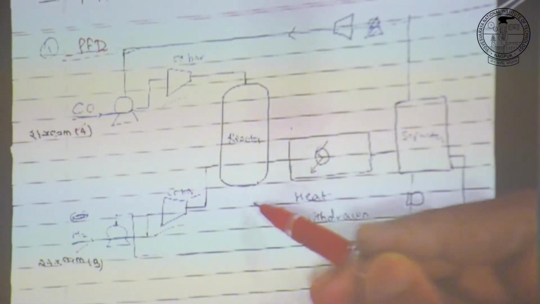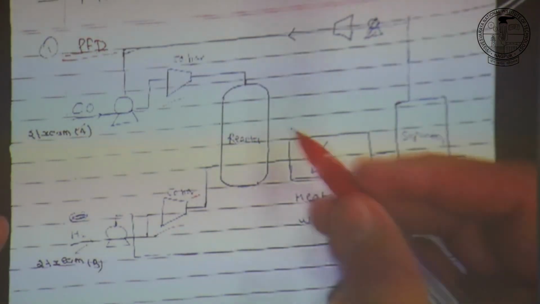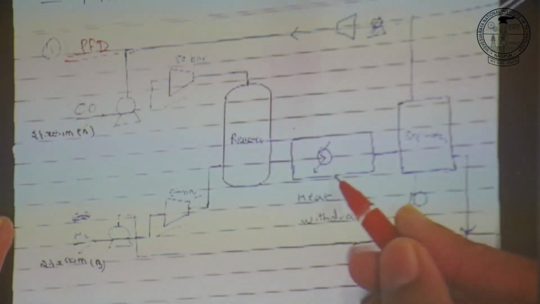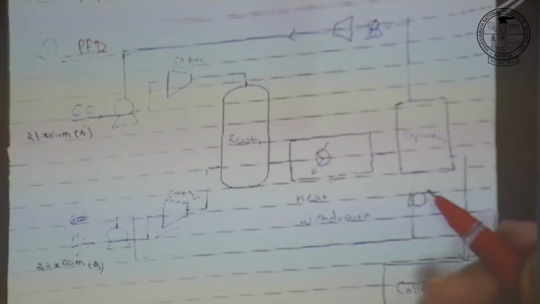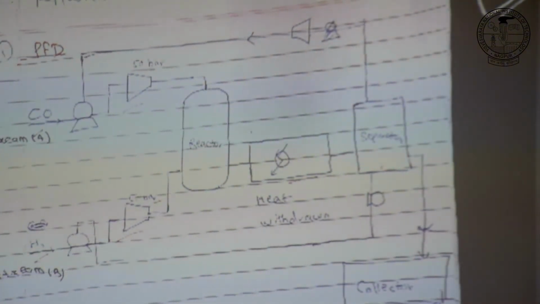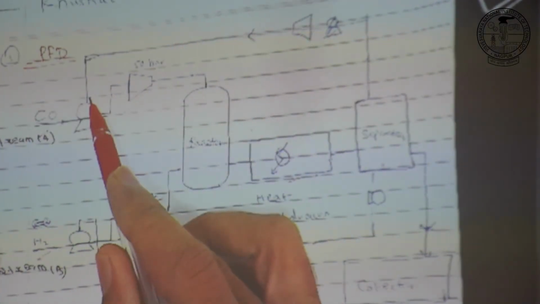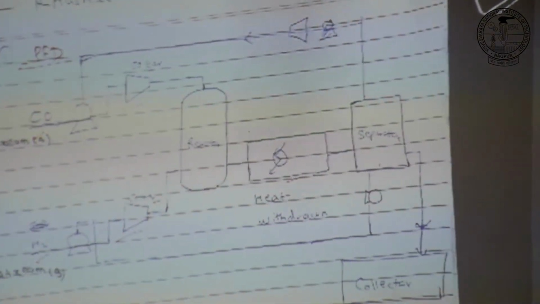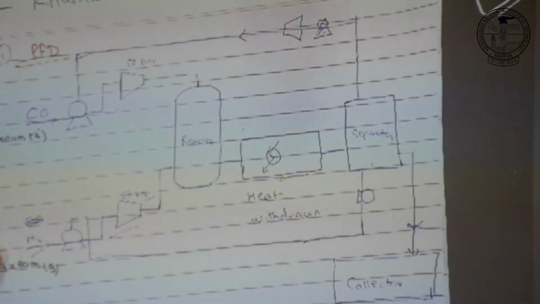Then it is sent to a reactor where the reaction takes place and methanol is formed. Since it is an exothermic reaction, we have given a heat exchanger to withdraw heat from the reaction, and from the heat exchanger it goes to a separator. In the separator, the unreacted carbon monoxide and hydrogen go back to the inlet stream. It is recycled and compressed again to save cost, and the separated methanol is collected in the methanol collector.